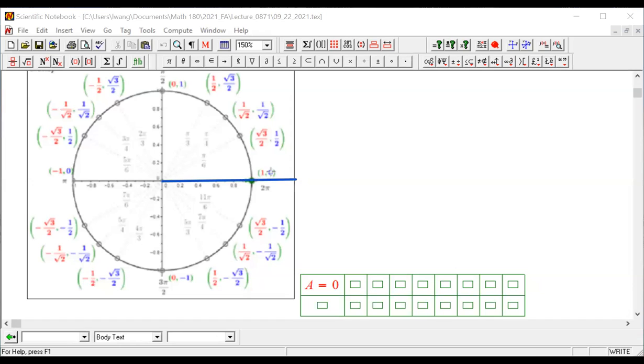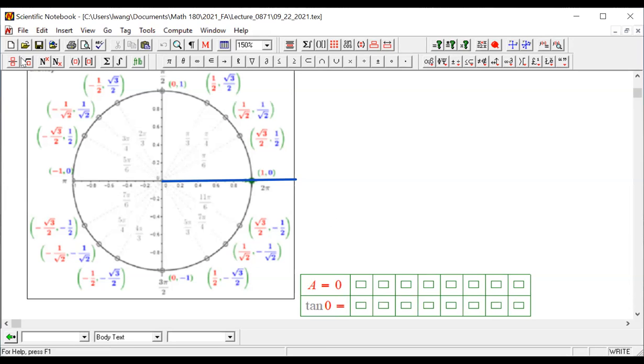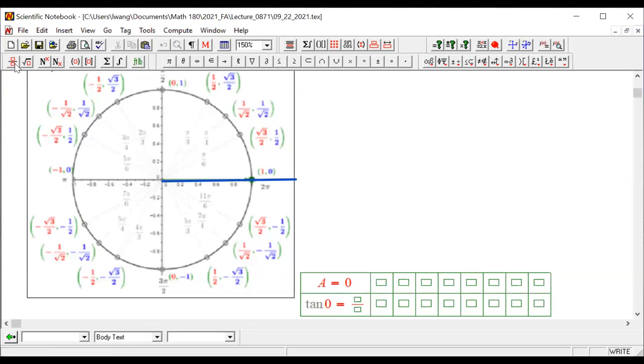And the blue number is 0, the red number is 1. So what is tangent? So tangent of 0 equals what? Is 0 divided by 1, right? 0 divided by 1 is 0. So for input A equals 0, the output is 0 too.